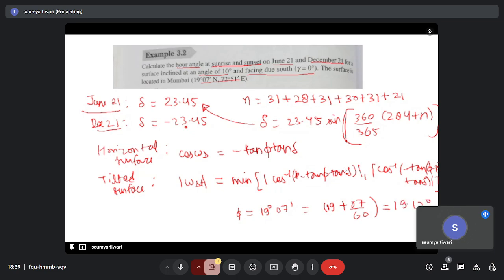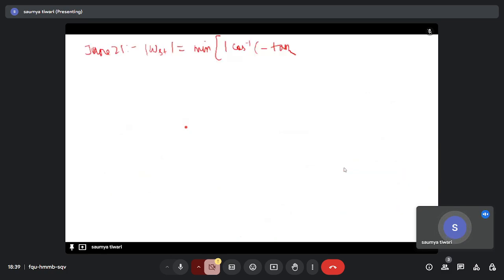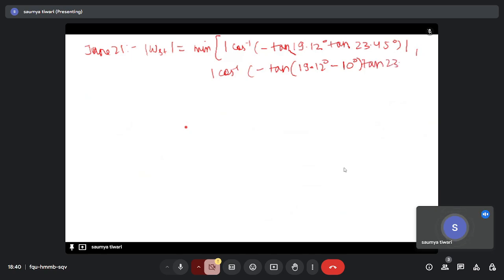And your beta is 10 degree. So these two angles are required. Tan delta is with declination angle 23.45, right? The next value is cos inverse of minus tan of (phi minus beta), where phi is 19.12 and beta is 10 degree, and tan delta with 23.45 degree.